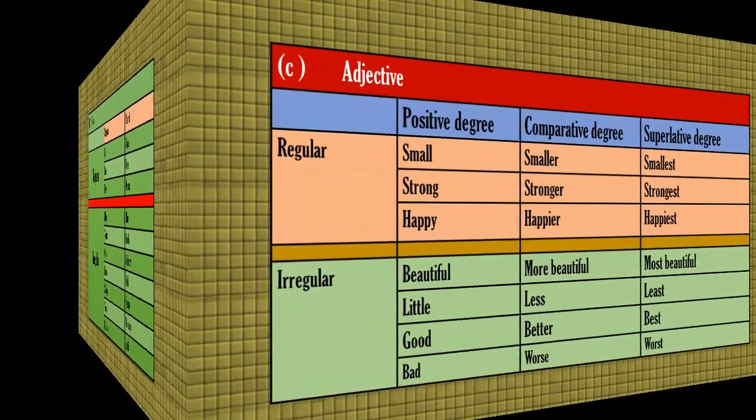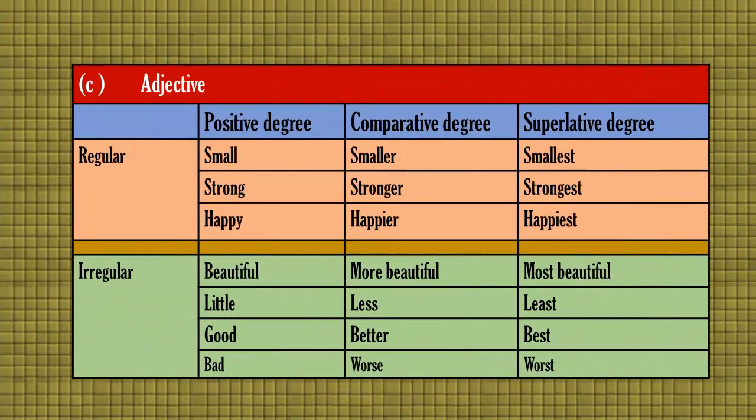Now look at Table C. Again, the table has two portions, a regular portion and an irregular portion. In the regular portion, we have examples of three adjectives: small, strong, happy.